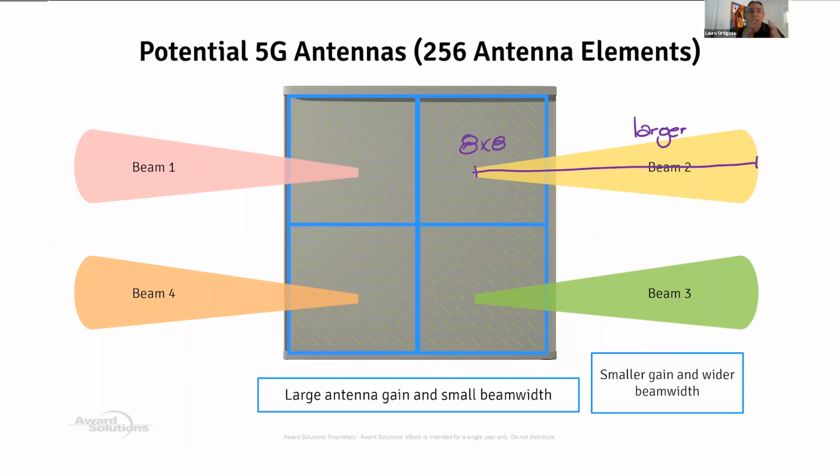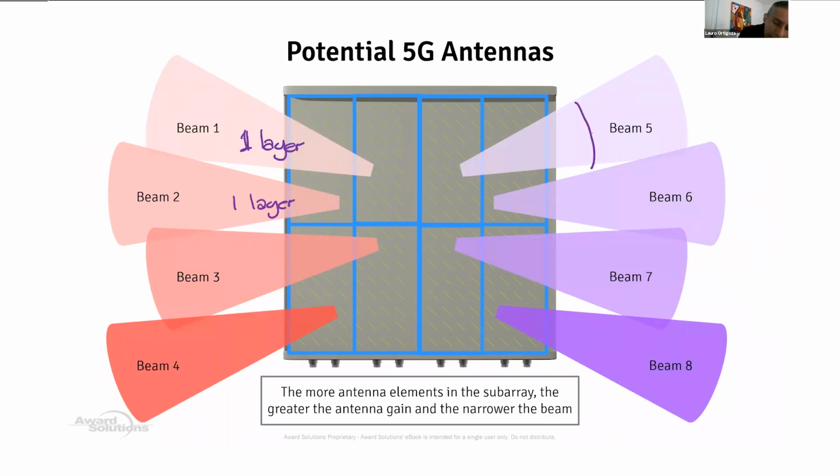They're big. Whereas when we go to, let's say, 32 gigahertz of operation, look at the size, guys. 5 millimeters, right? Awesome. So you can have a bazillion antenna elements. Therefore, you can create really narrow beams with larger gain.